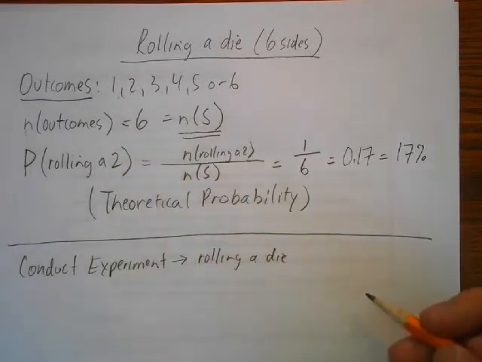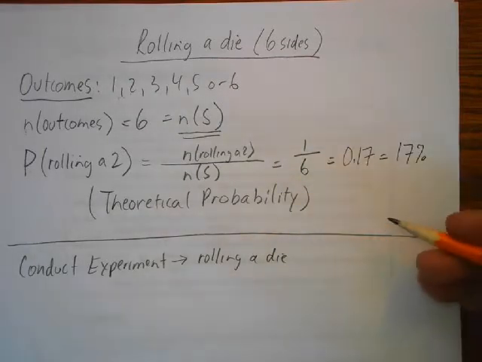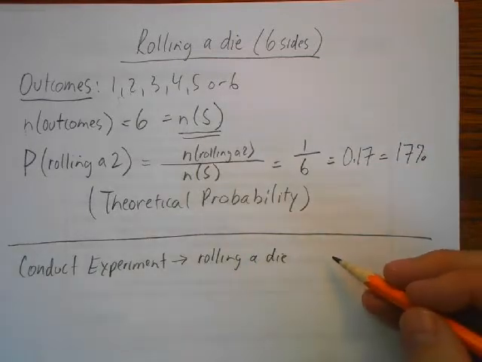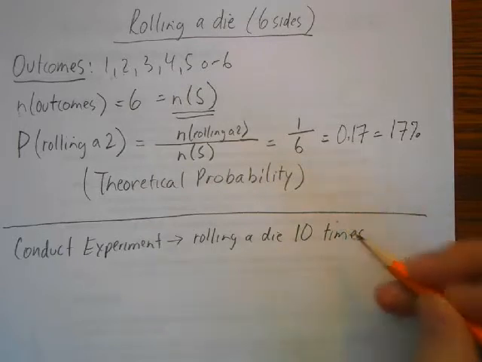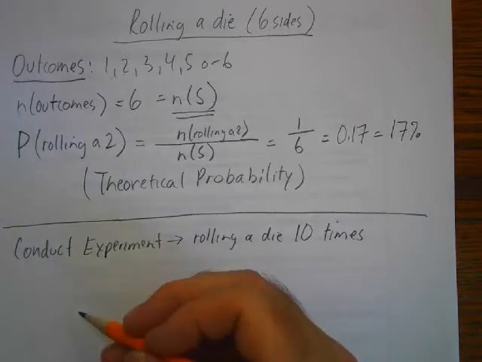And you set this up yourself, rolling a die a certain number of times. We're going to track what we get each time. So in my experiment, we're going to roll the die 10 times. Okay, now that's probably on the low side if you want really good data, but in this case, I roll the die 10 times.